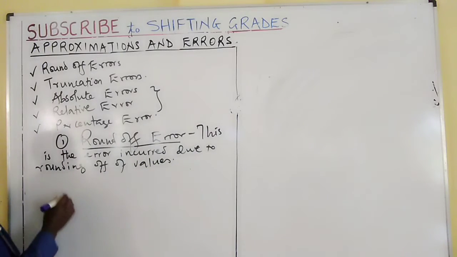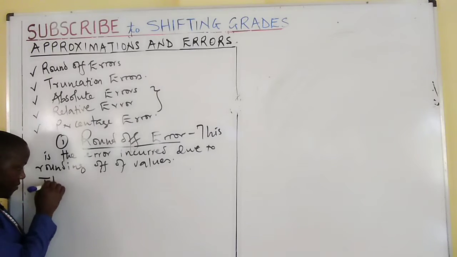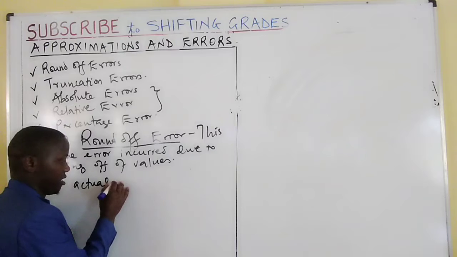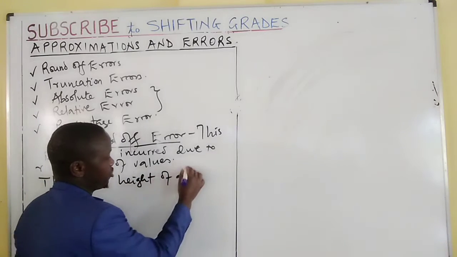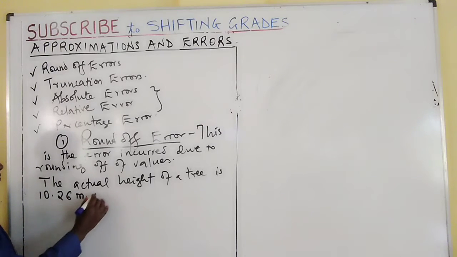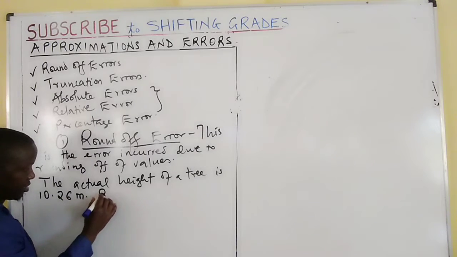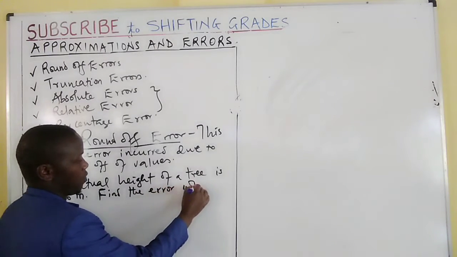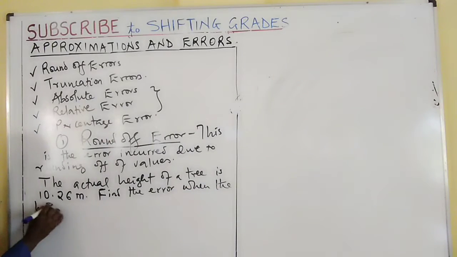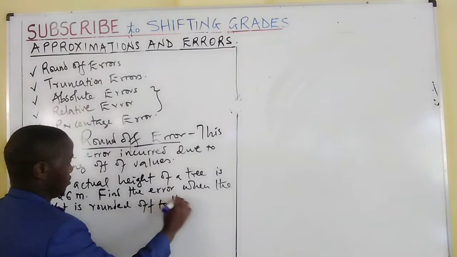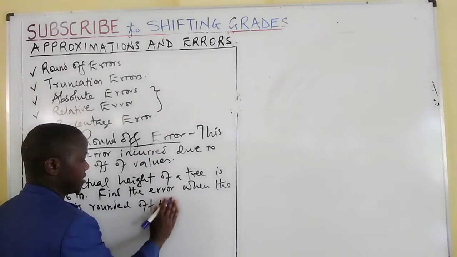Therefore, if I tell you that the actual or real height of a tree is 10.26 meters, find the error when the height is rounded off to 1 decimal place.